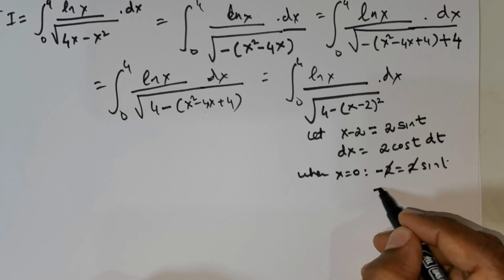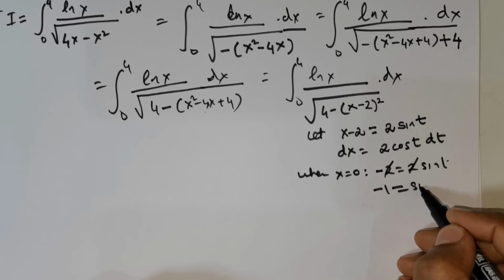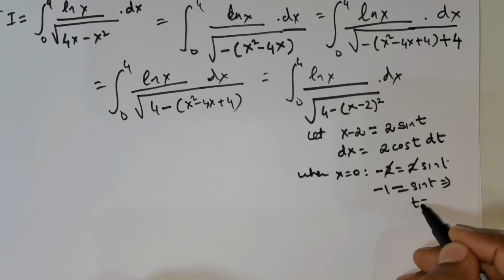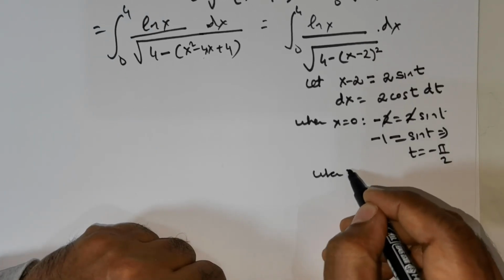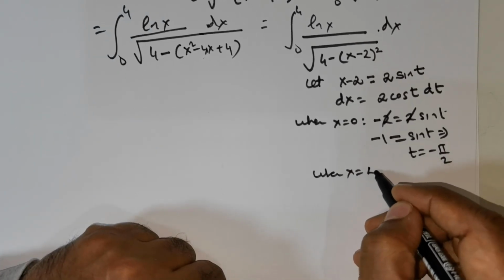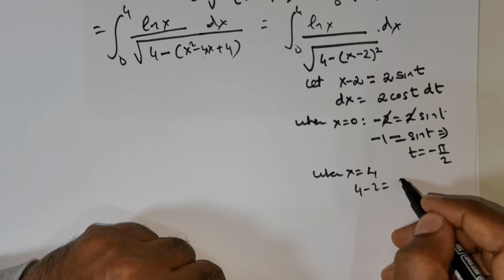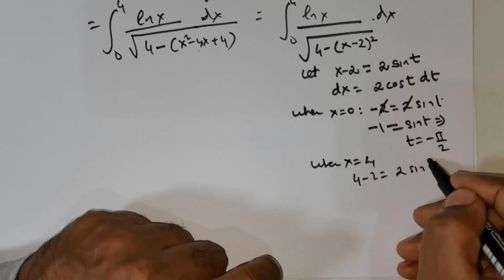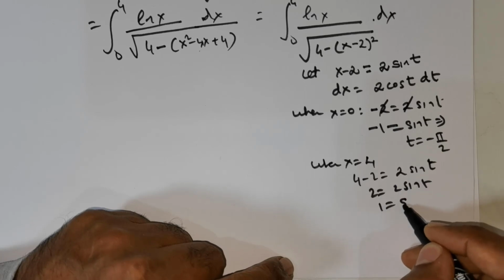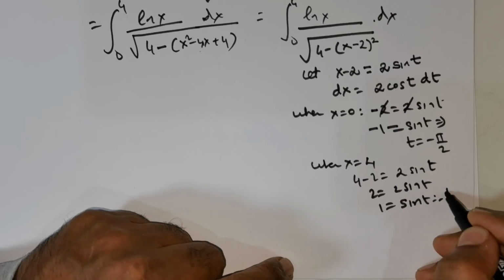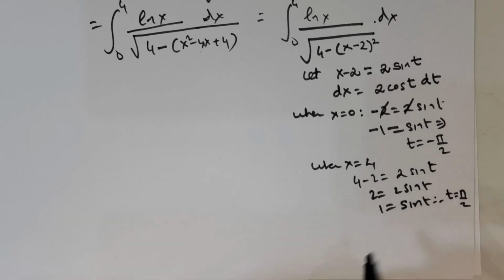The 2 gets cancelled, giving me negative 1 equal to sine t. This would mean t is equal to negative pi over 2. Similarly, when x is equal to 4, I get 4 minus 2 equal to 2 times sine t, so 1 is equal to sine t. Therefore t is equal to pi over 2.